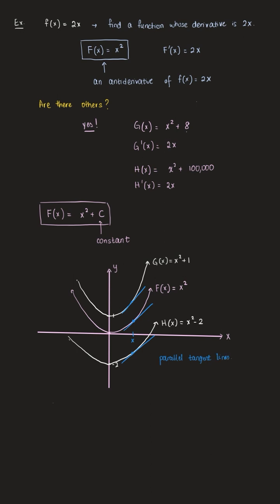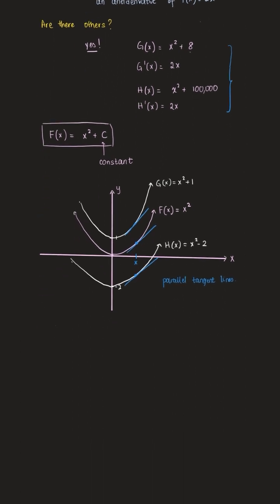Shifting our function up or down, adding 8, adding 100,000, subtracting 2, doesn't change the shape of the graph, which means that the tangent lines at a specific point are all going to be parallel.